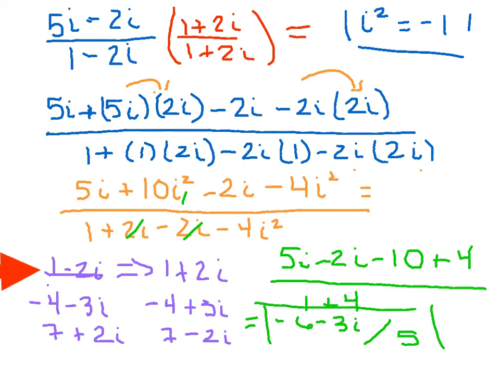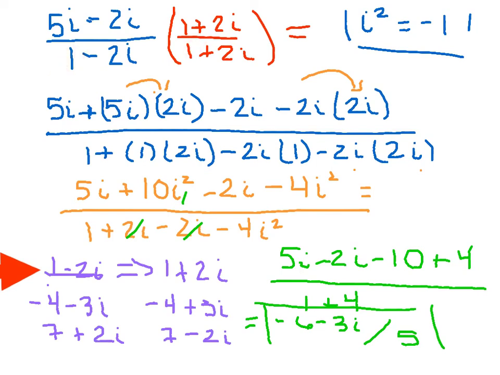To go through it quickly again, Claire: I can't leave my i in my denominator, so I multiply by the conjugate. The hardest part is to FOIL: first, last, inside, outside terms, and I do the same thing in my denominator.